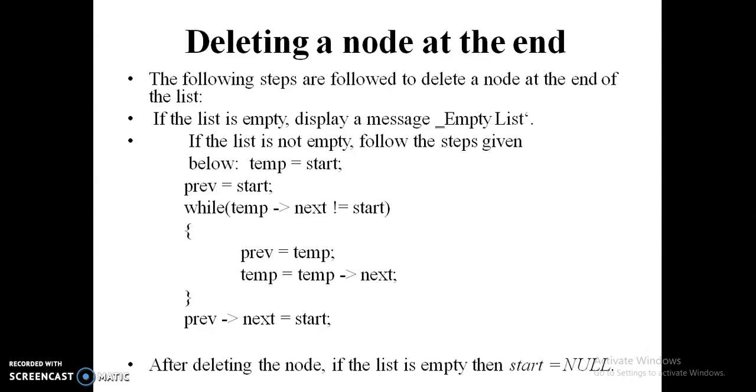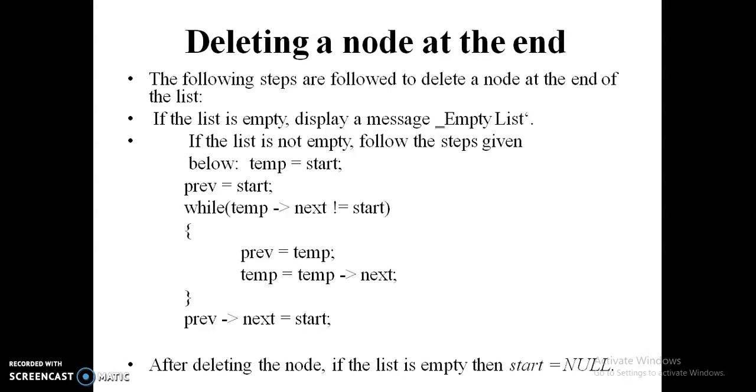Once temp of next becomes equal to the start, it stops the loop and exits. Now here we are assigning previous of next equal to start because we need to remove the last node. So the last node's previous node address is assigned to the prev variable, so that the previous node's next becomes our starting node. That is nothing but the last node address is removed from its previous node and the starting node address is assigned as the next of the previous node.